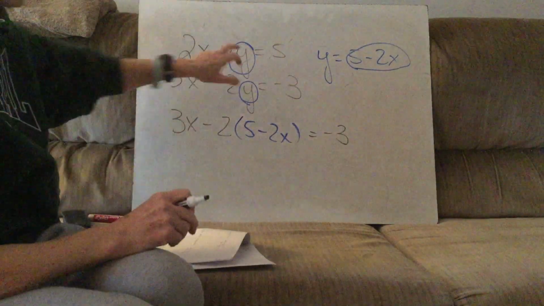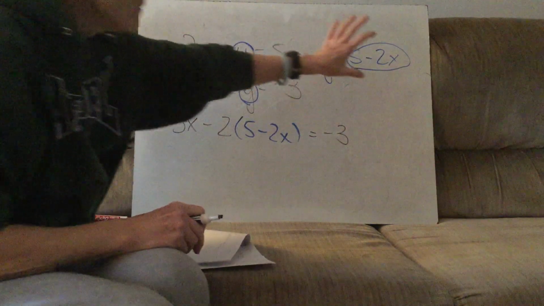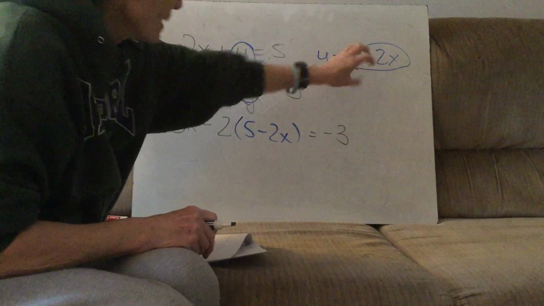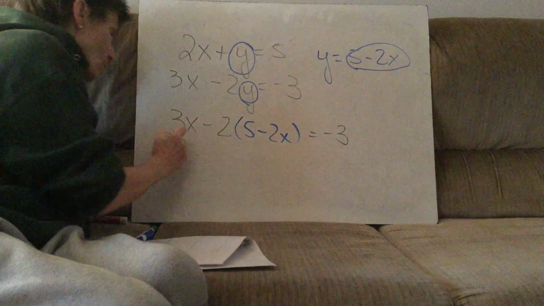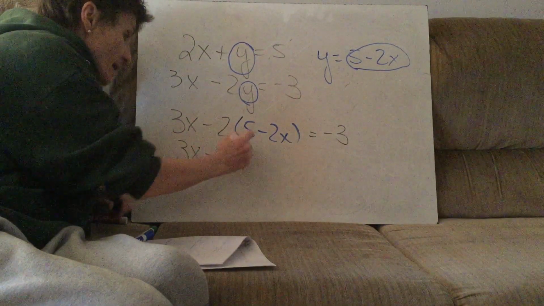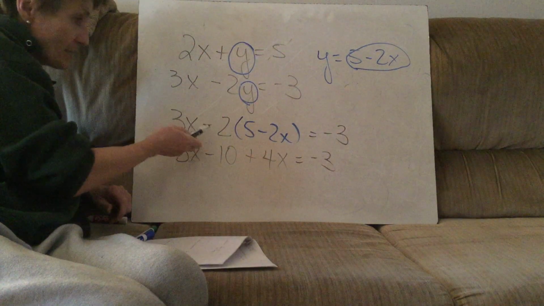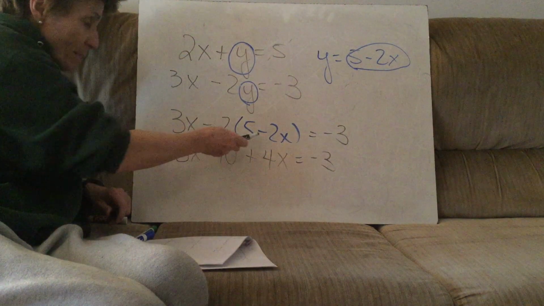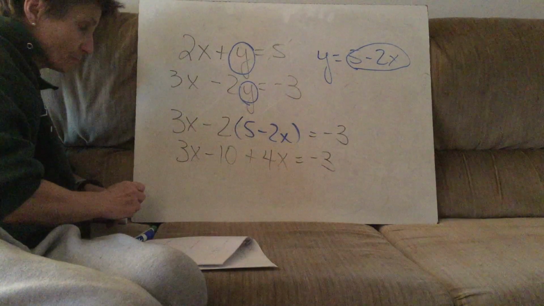So I simply got y by itself in this equation, moved the 2x over, and then took that thing, 5 minus 2x, and put it right here in place of that y. So I have 3x minus 10 plus 4x equals negative 3. I just did my distributive property, very careful with my negative sign, negative 10, positive 4.